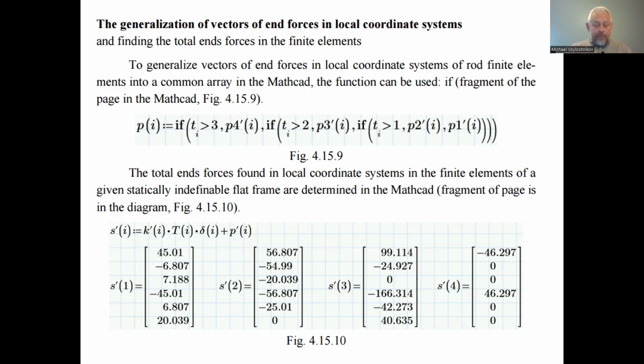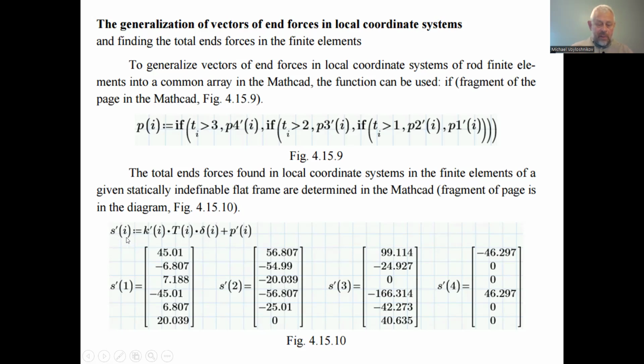Okay, so the total end forces in the local coordinate system in the finite elements of the given statically definable flat frame are determined in the Mathcad fragment of the page indicated here on diagram 4.15.10. So this is a formula.